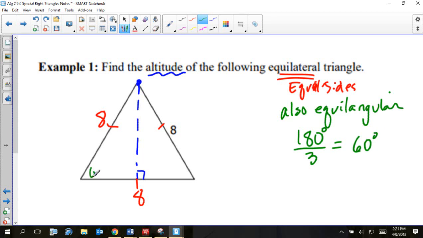So I know that these 2 bottom angles are 60 degrees. I know that one's 90. What do these 2 little angles have to be up here? They have to each be 30. That sounds familiar. I feel like that's a special right triangle. Is it? 30, 60, 90.